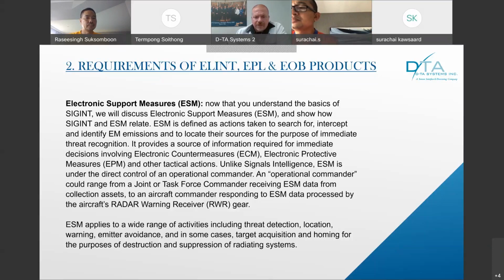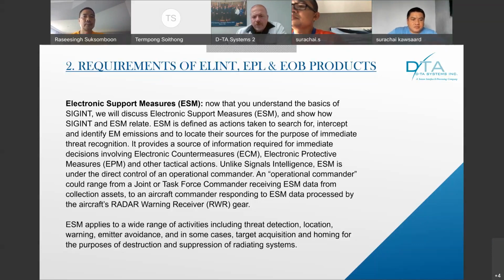Unlike signals intelligence, ESM is under the direct control of an operational commander. An operational commander could range from a joint or task force commander receiving ESM data from collection assets to an aircraft captain responding to ESM data processed by the aircraft's radar warning receiver, or RWR.